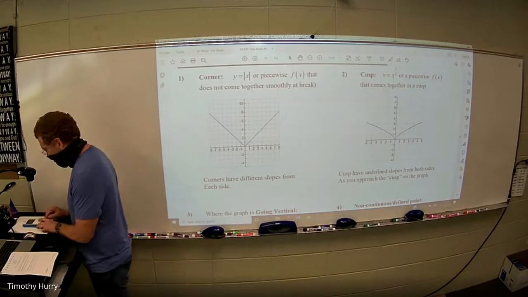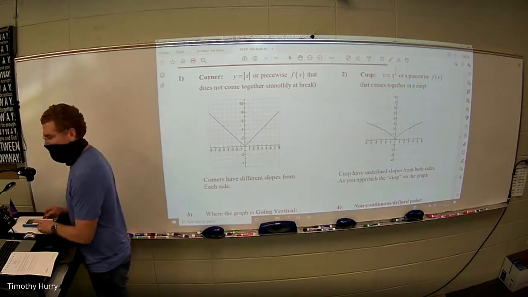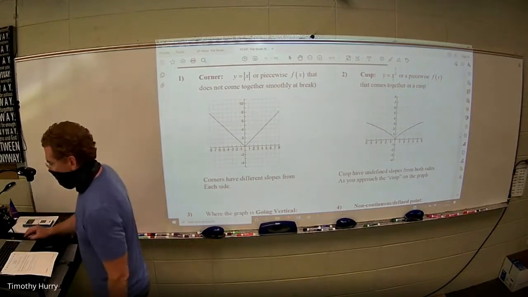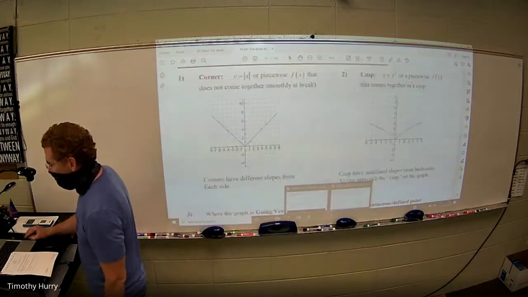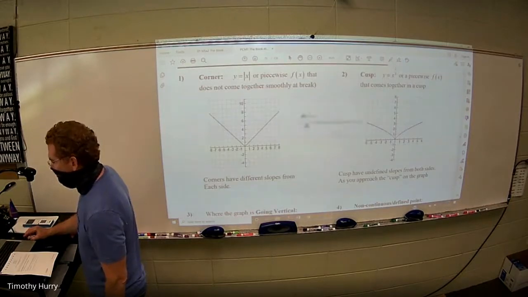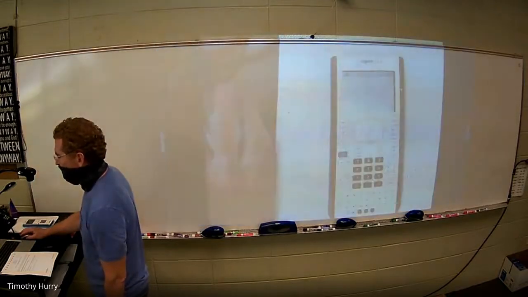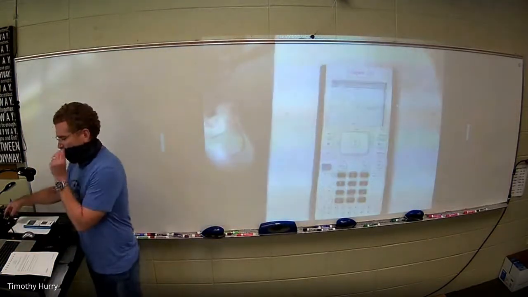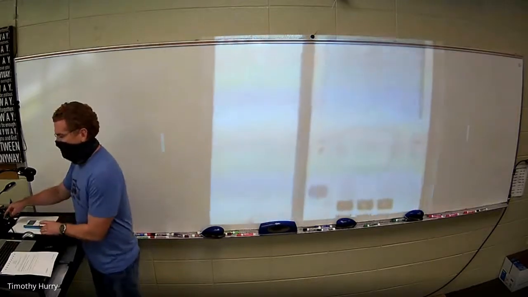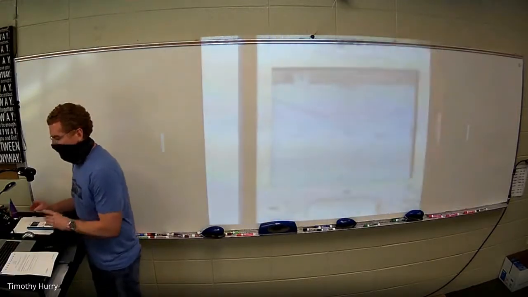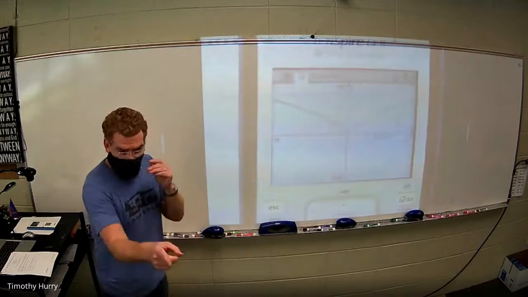I think you remember that as the bird function, right? So here is your bird function right here. Come on, man. There we go. I'm zooming in. And this is essentially the graph that I just used on your paper.